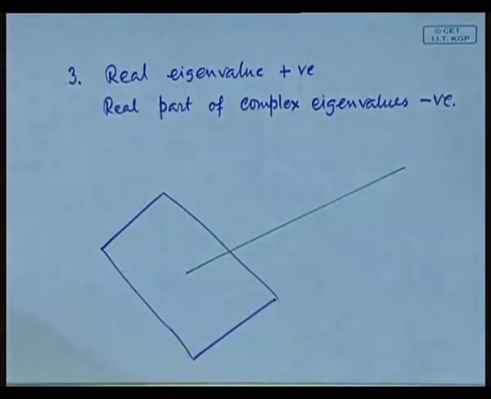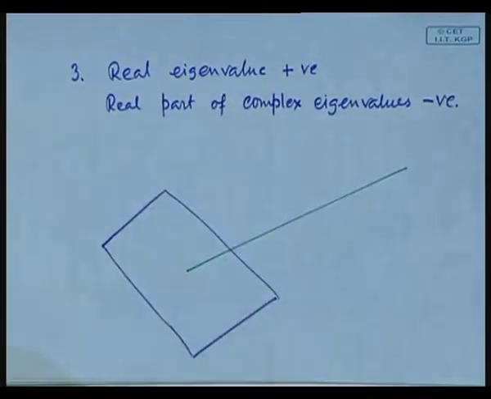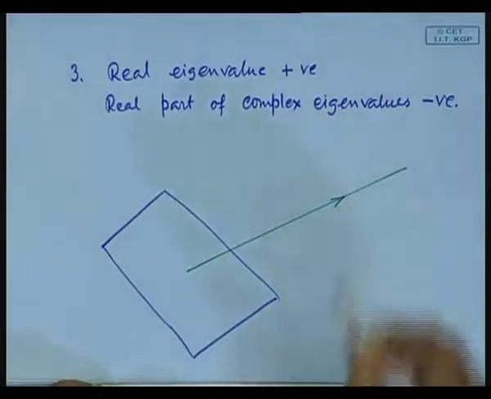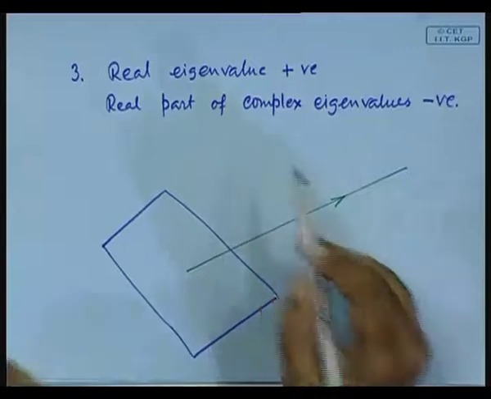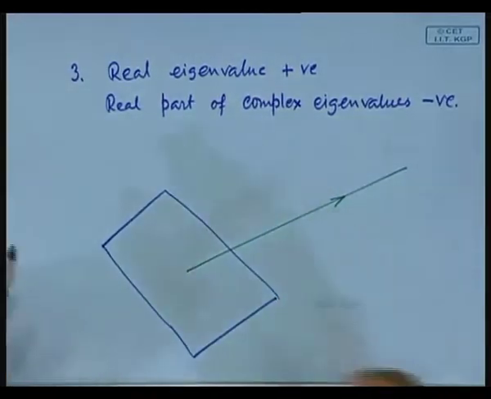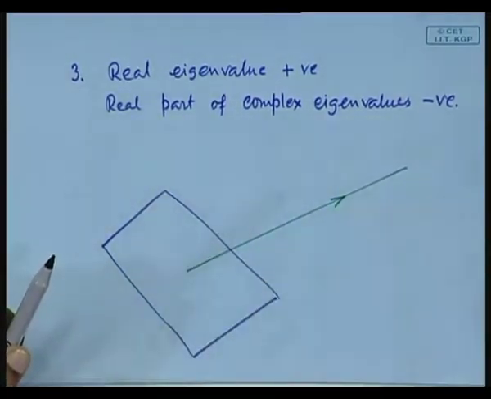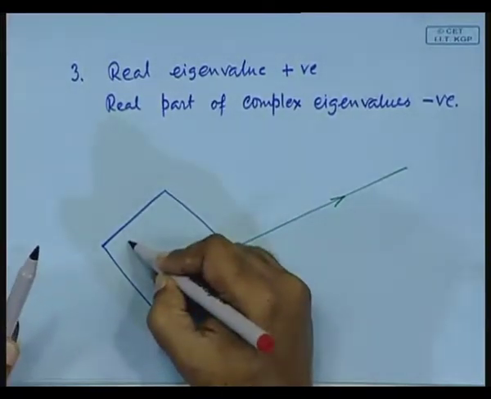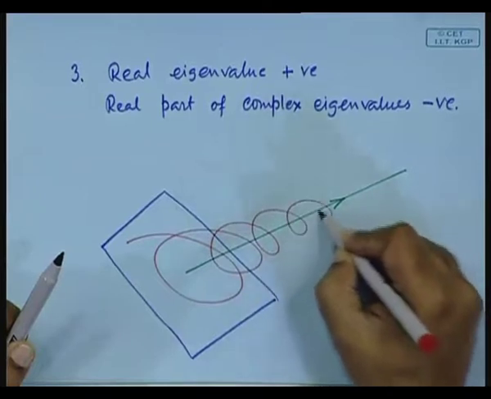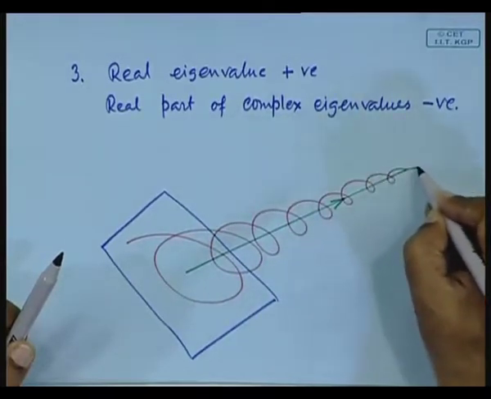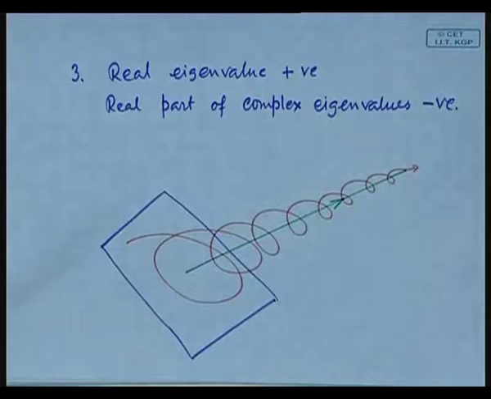Then what? It will go away in this direction. So, this has an outgoing vector direction, while this is negative. So, start from very close to here, it will go like this.